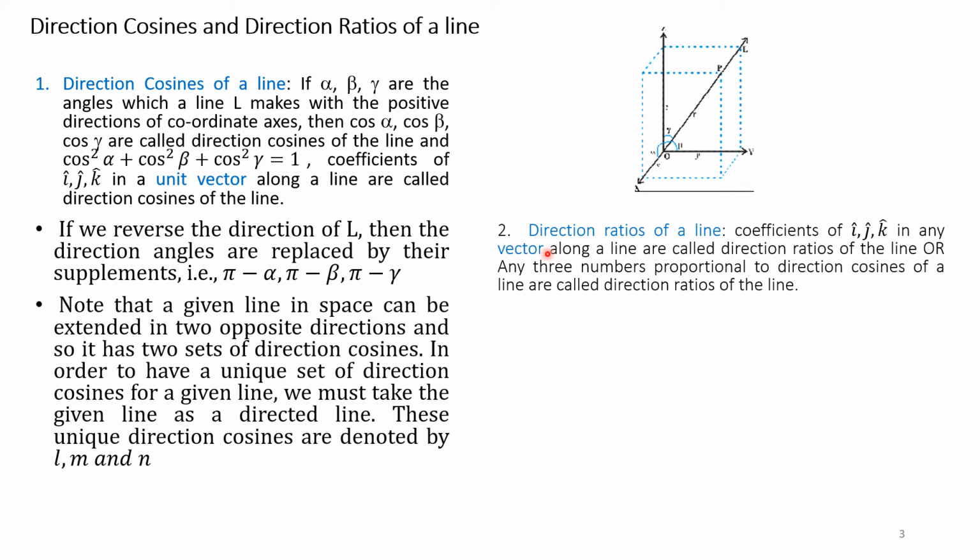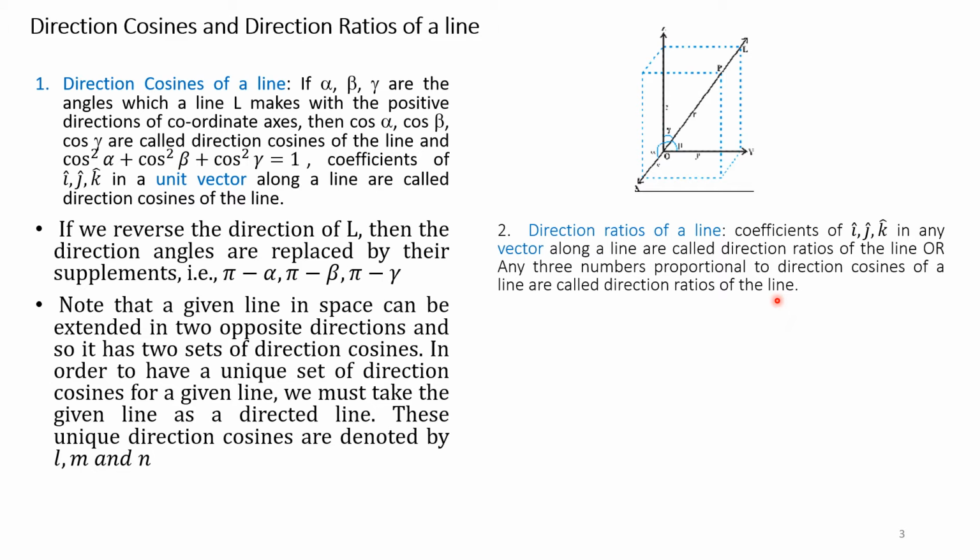Point number 2: Direction ratios. In the previous section, we studied direction cosines of a line. In this section, we will study direction ratios of a line. The coefficients of i, j, k in any vector along the line are called direction ratios of the line, or any three numbers proportional to the direction cosines of a line are called direction ratios.